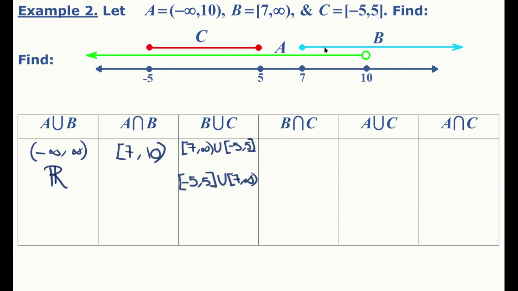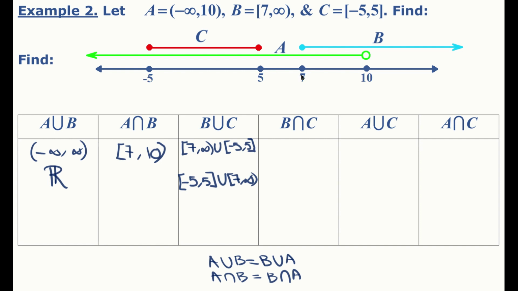In general, if you have two sets A and B, A union B is the same as B union A, okay? And A intersect B is the same as B intersect A. So both of them are commutative operations.